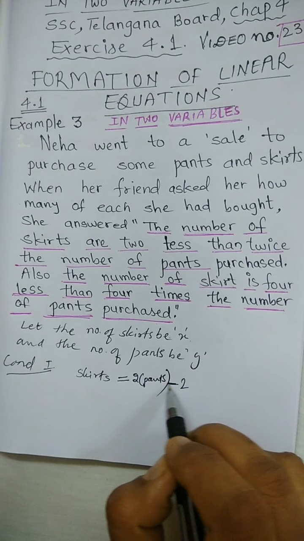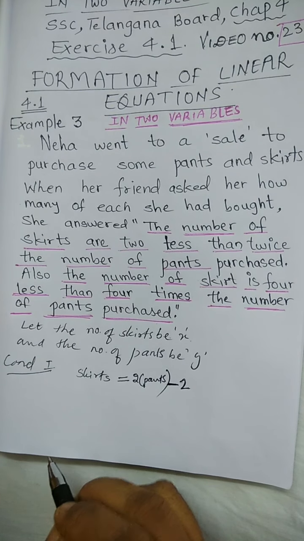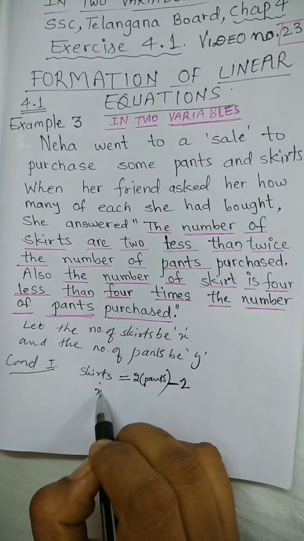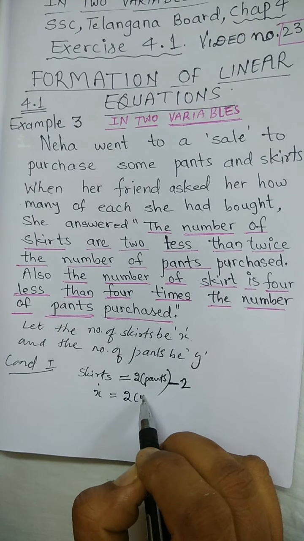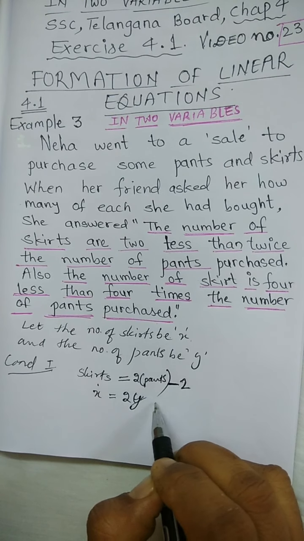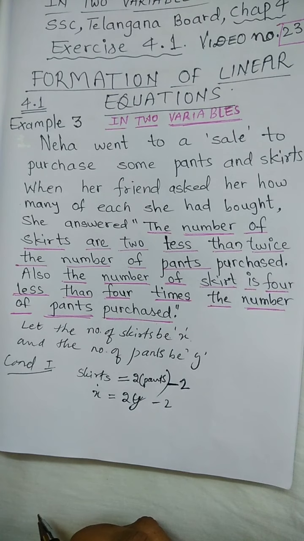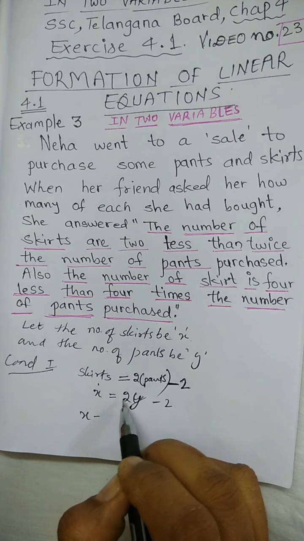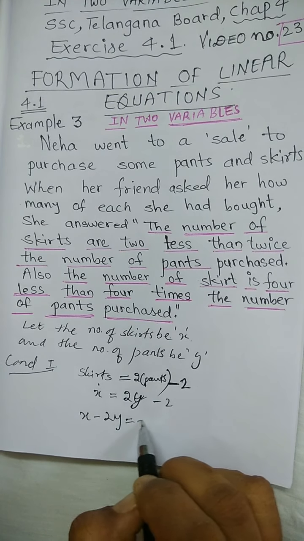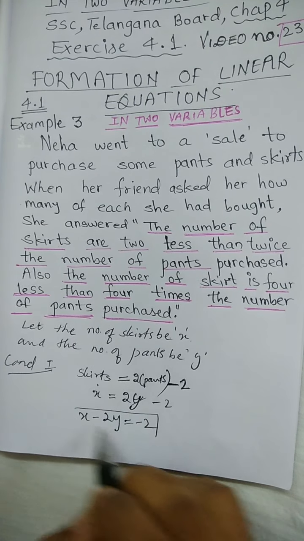If two are less means subtract 2. So skirts we have taken as x and pants as y. So you write down here 2y and minus 2. Now you write in general form x minus 2y equal to minus 2. This is the first equation.